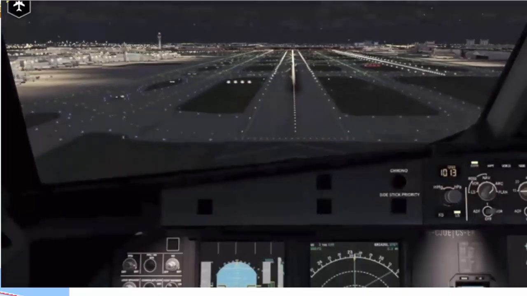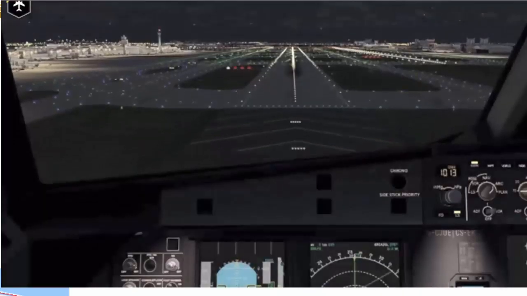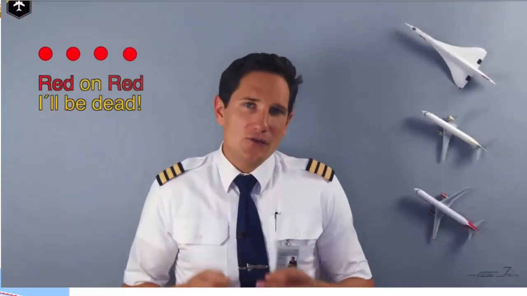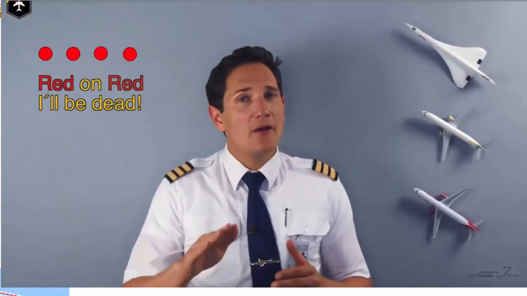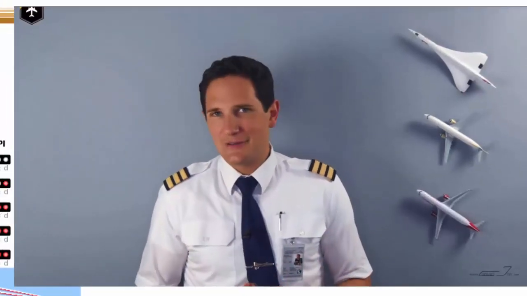Now here you have two whites and two reds. Now you can say red on white, I'm alright. Keep the pitch, attitude and power setting and continue. If you would pitch down even more or decrease your power, you would slowly see all four lamps turning red. Then again say red on red, I'll be dead. So do something about it and increase your power and pitch and rejoin the glide slope because you're obviously too low. It's as simple as that, to be honest.